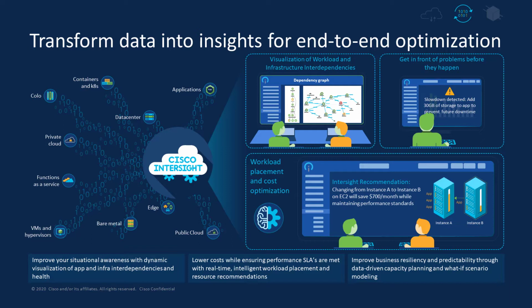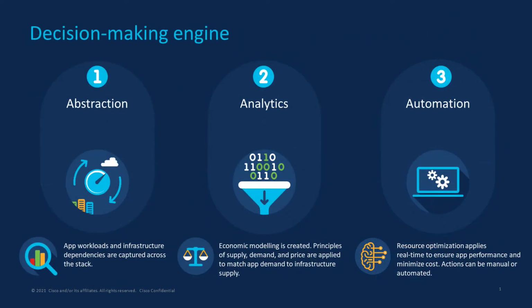Intersight's SaaS-based decision engine continuously analyzes workload consumption, costs, and compliance constraints, and automatically allocates resources in real time, on-prem and in the cloud. IWO's intelligence is powered by AI analytics that deliver insights and recommendations, reducing costs and ensuring application performance. Let's see it in action.